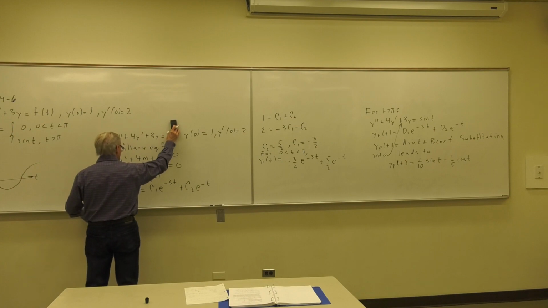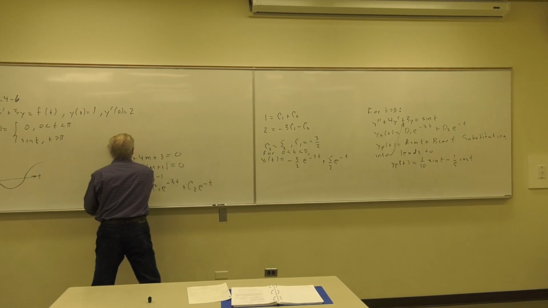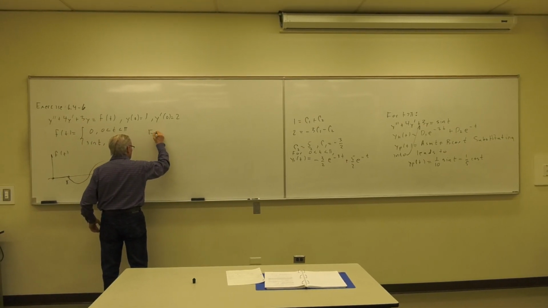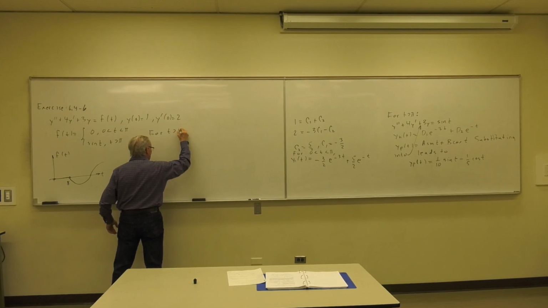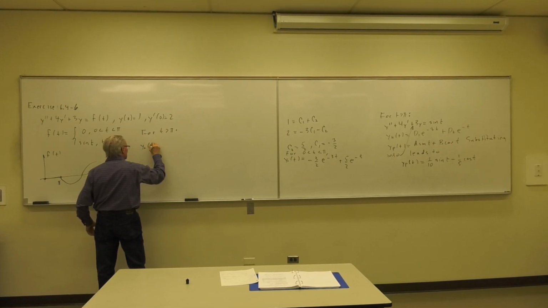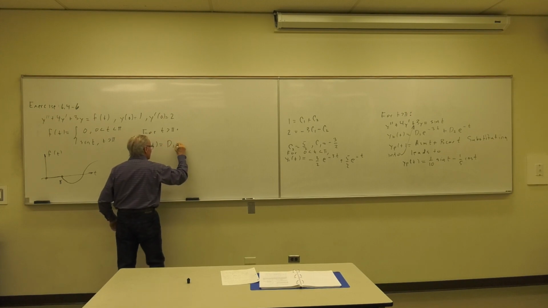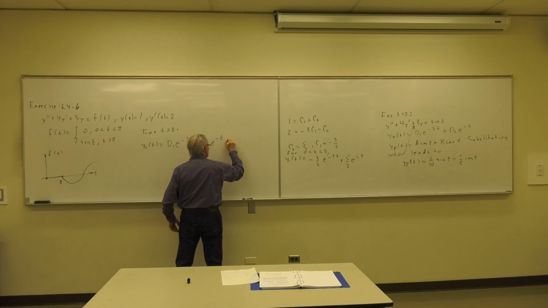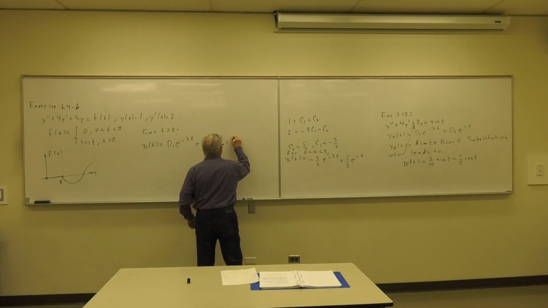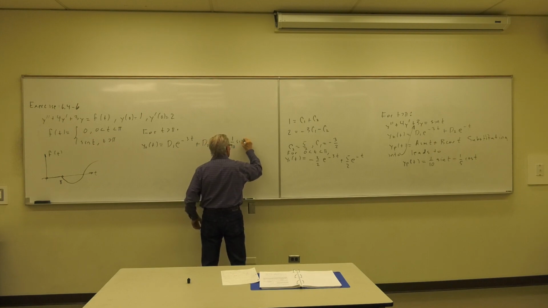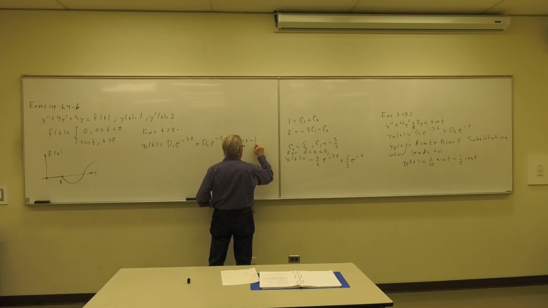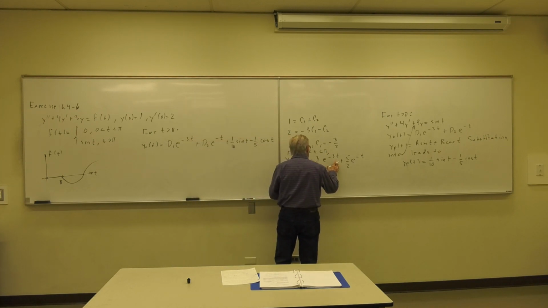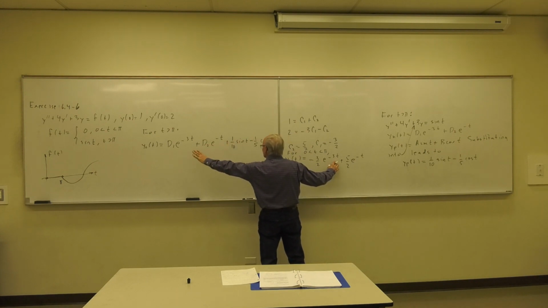So we can say that for t greater than pi, let's call it y sub 2 of t, is equal to d1 e to the minus 3t, plus d2 e to the minus t, plus y sub p, 1 over 10 sine t, minus 1 over 5 cosine t. So here's the solution up to pi, here's the solution after pi.